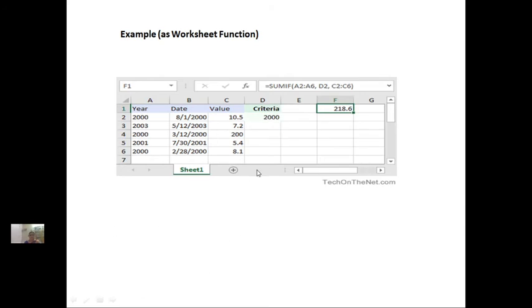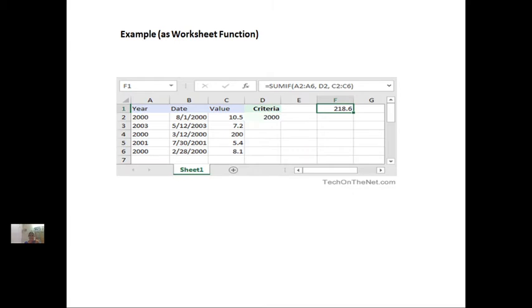What is happening here? Under the A column, that is A2 2000, A3 2003, A4 2000, A5 2001, A6 2000. Then you have dates, different types of dates. Then you have value. Then the criteria is 2000. He is writing the formula in the formula bar: equal to SUMIF, A2 colon A6, comma, D2. D2 criteria is 2000.